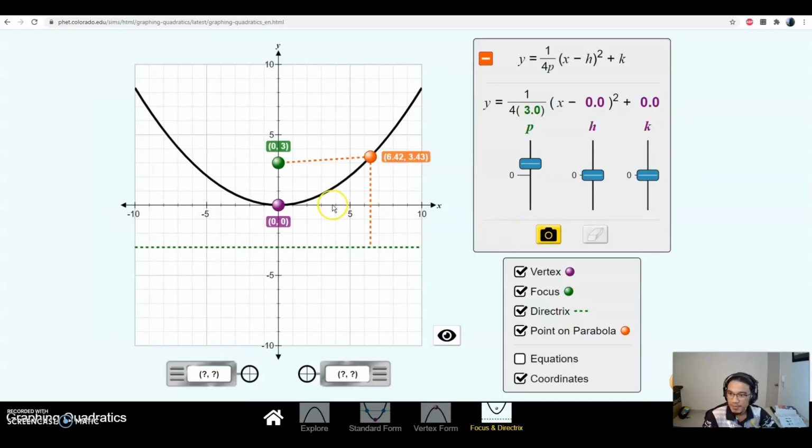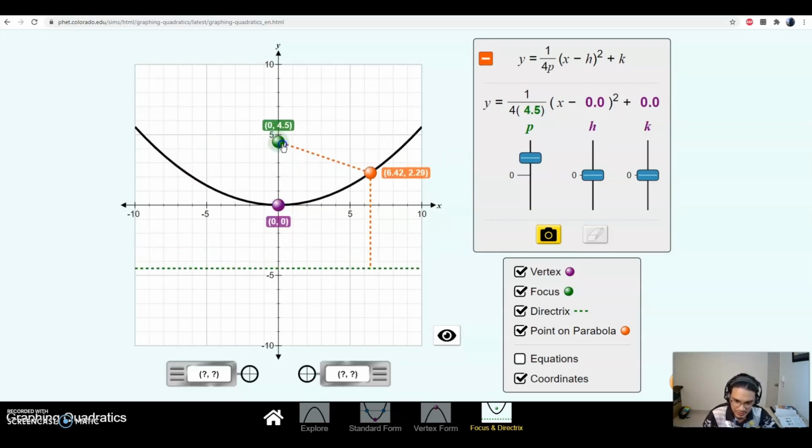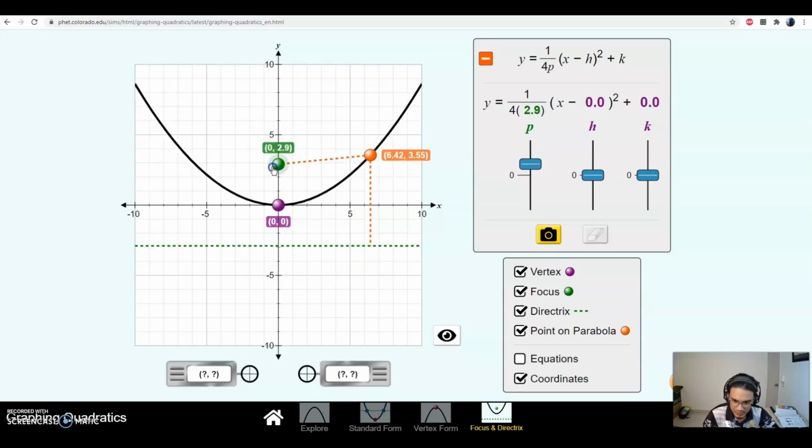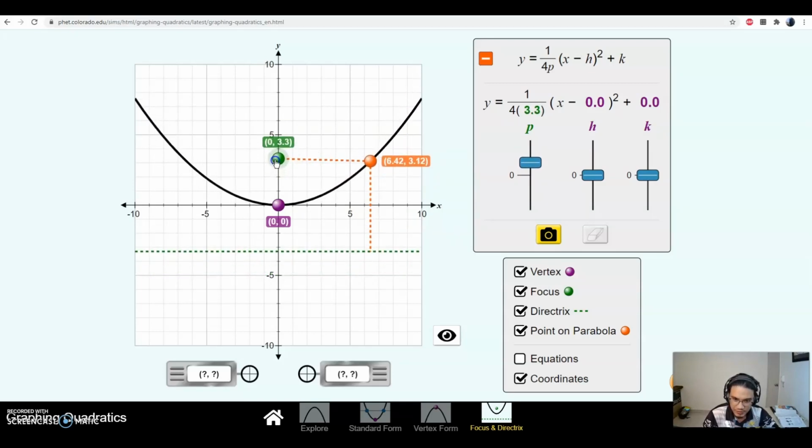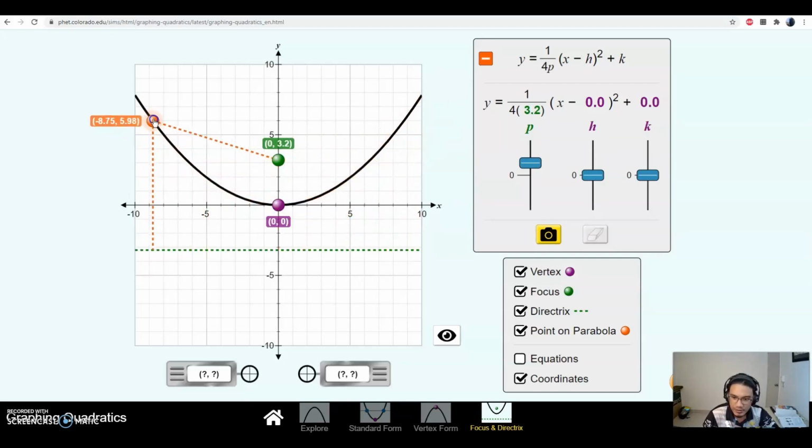Let's look at this simulation. Right here we have the same parabola graph. The green dot is the focus, and the orange dot is any point on the locus of the parabola.